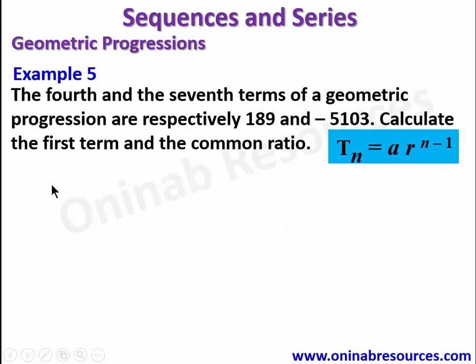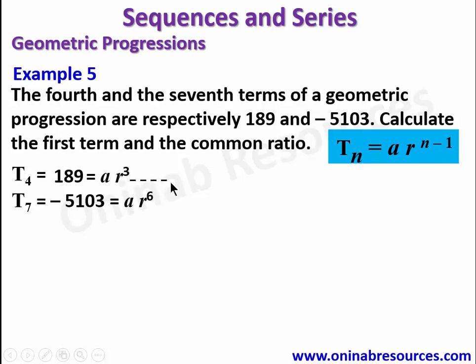We are told that the fourth term, that is T4, is 189. Remember, the general formula for T4 is AR raised to the power 3, and also we are given T7 to be negative 5103, and the general formula for T7 is AR raised to the power 6. We can now label this as equation 1 and label this as equation 2.